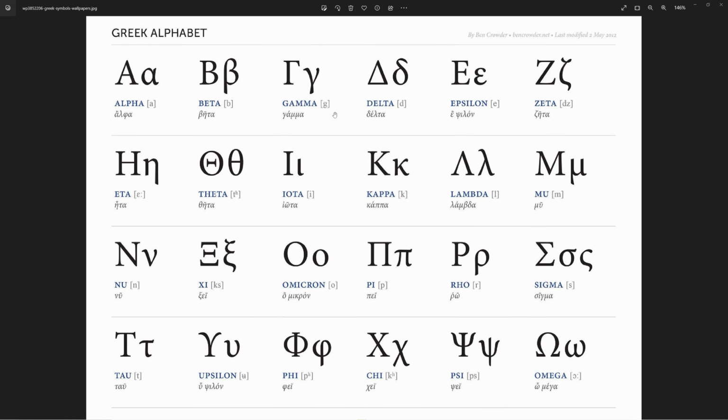And here you have the Greek alphabet. Whenever you see characters that look like this, it is the Greek alphabet.